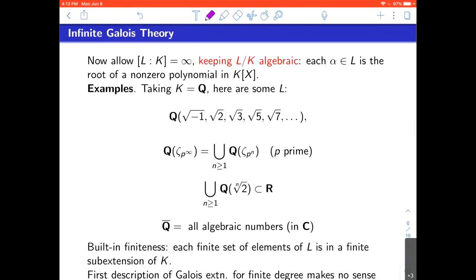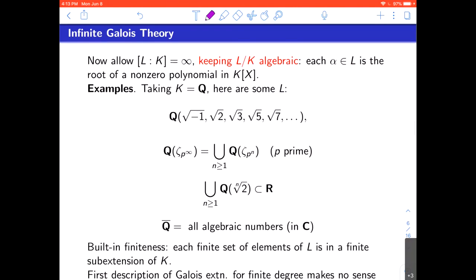Then we can list some examples of infinite degree algebraic extensions. So the first one is basically adjoining all the square roots of the integers. So you even have the square root of 10 coming from 2 times 5. So we join the square root of the primes and -1. So that's an infinite degree extension.